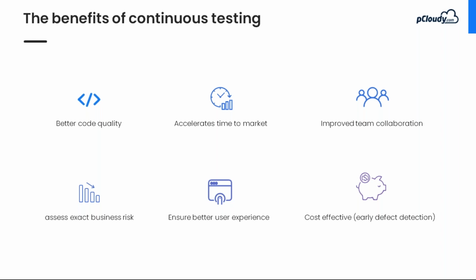So in general, we'll have better code quality because the unit tests and the code coverage can be found, and we can also remove the dead code. When you start writing the unit test cases, you can see whether the code coverage is complete or not. If there is certain code which is never touched, it is eventually dead code which you do not need, so you can reduce the footprint. So all these things can be achieved using this.